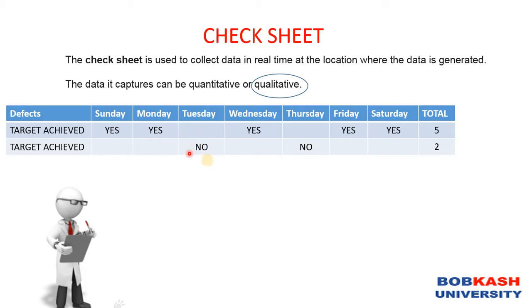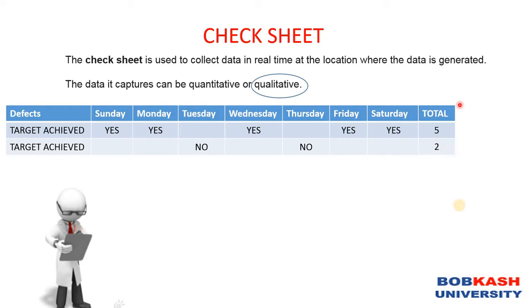Then on Tuesday, this man finds that the target was not achieved. On Wednesday, it was achieved, and so on. So in the week, there were 5 days in which the target was achieved, and there were 2 days in which the target was not achieved.